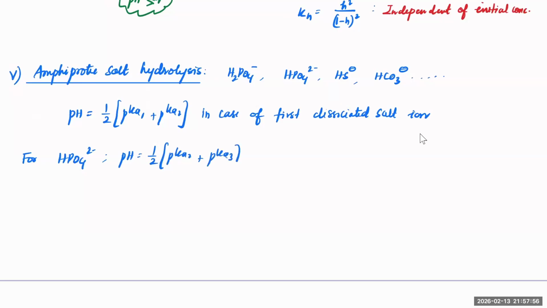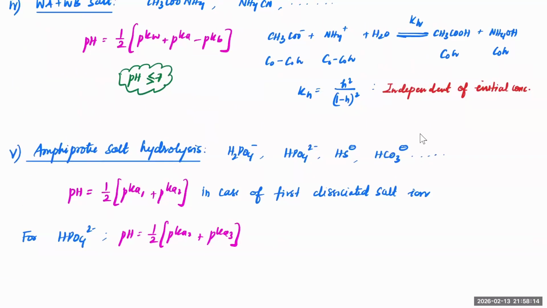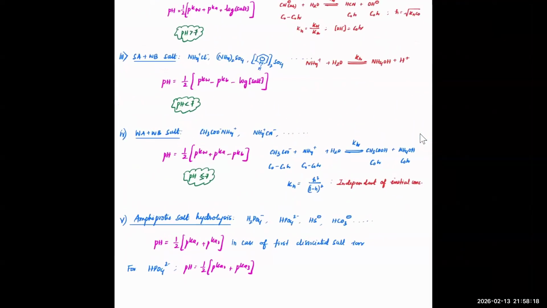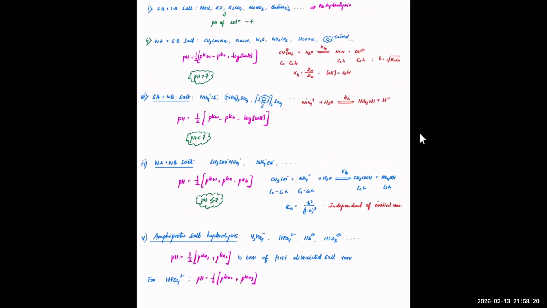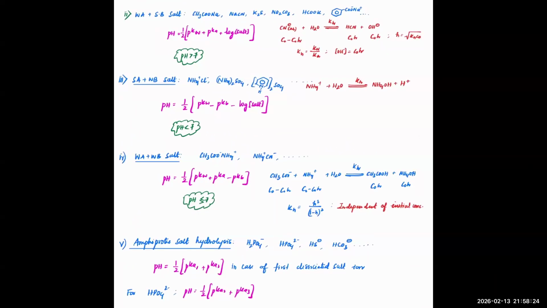That is the average we need to take. So for amphiprotic salts, the formula is pretty simple. You just need to check which type of dissociation it is and accordingly use that. This is for amphiprotic salts. So have a quick overview of the hydrolysis formulas, everybody. Check out 2 to 5. These are the hydrolysis formulas. Then we'll go ahead.